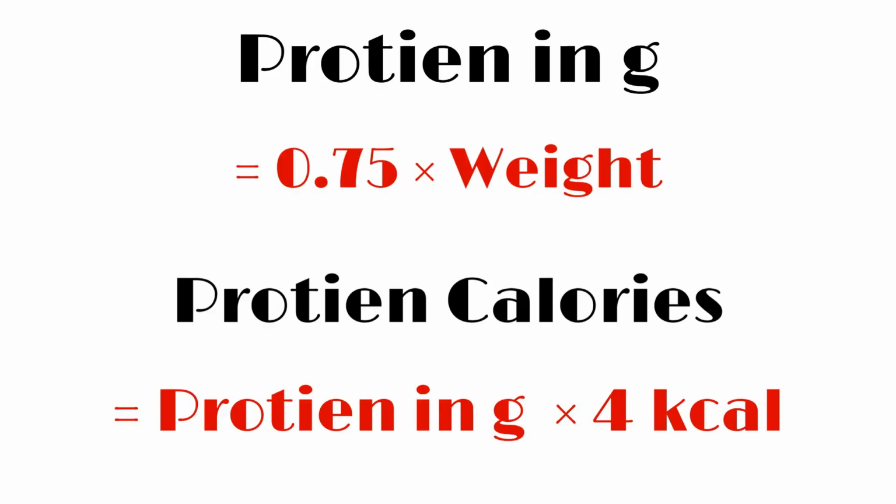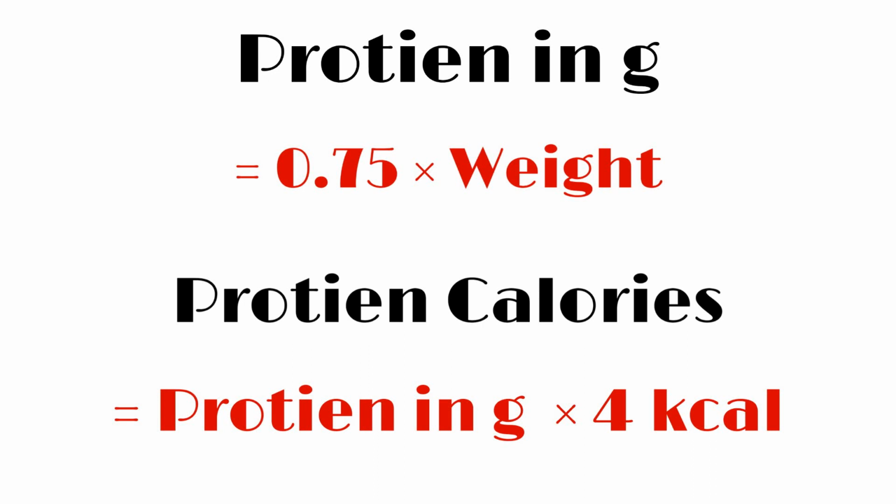If you are an overweight person, you use your current weight, but if you are an underweight person, you need your ideal body weight. Like in the first part of the video, we calculated your ideal body weight, so it's there.